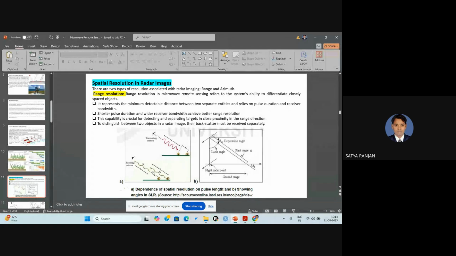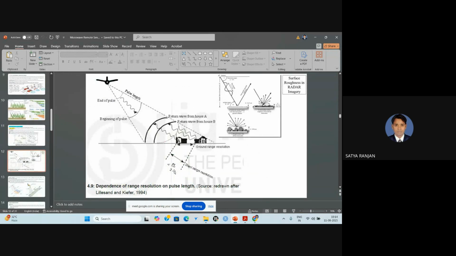Basically, it is how closely the sensor detects and reflects back the data across a gap, the gap between the two features. So this is also one example, the slant range resolution.